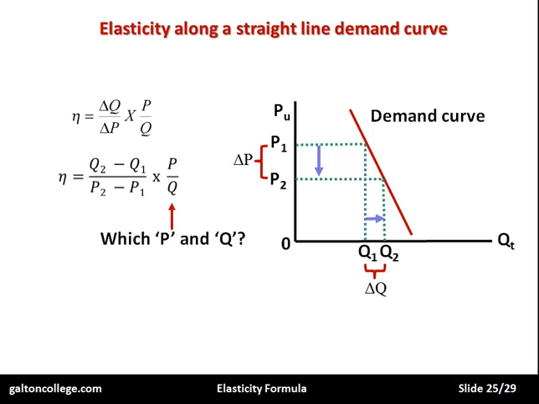It's a difficult one to deal with. In fact, we get two answers. We should calculate two answers. So when we calculate elasticity of demand, we should really calculate two answers, one for each.